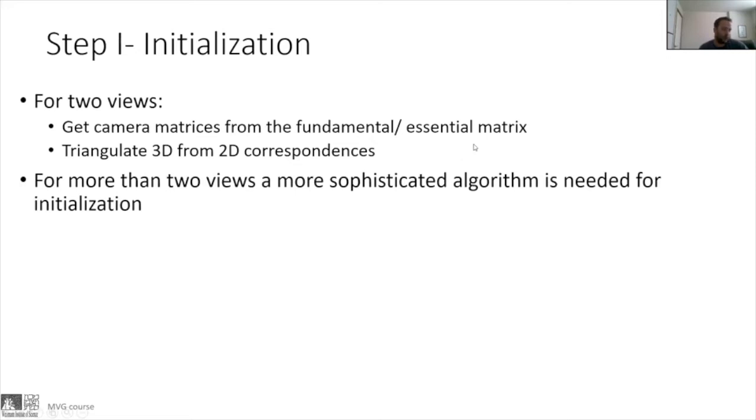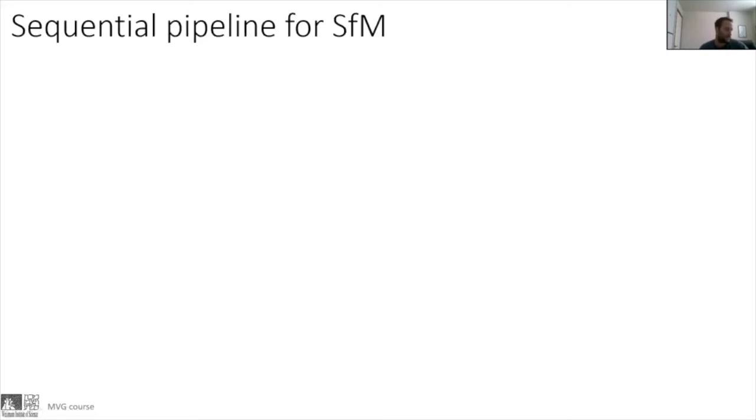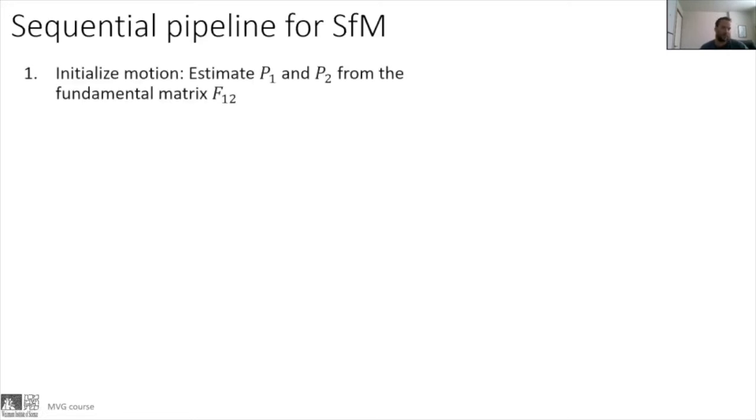For more than two views, we need to use some more sophisticated techniques. We will discuss it in future lectures, but just to give you some hint about where we use bundle adjustment: when we have a lot of cameras, a very common solution is to solve the structure from motion problem sequentially.